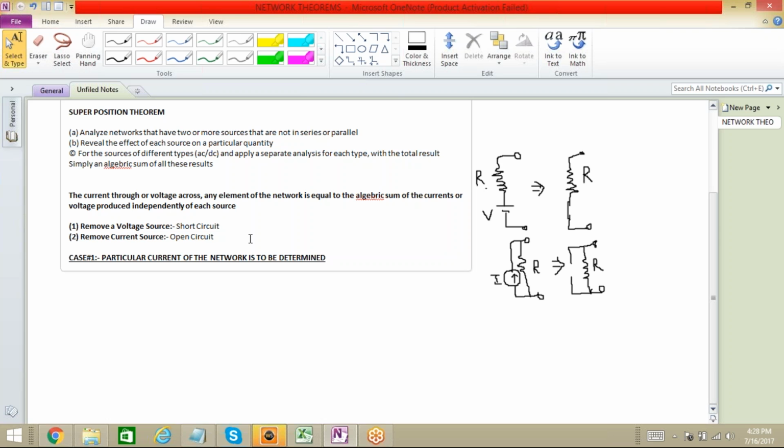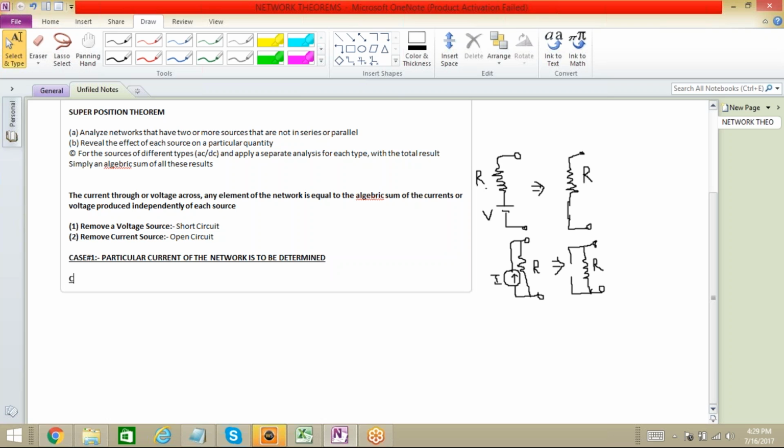The contribution to that current must be determined for each and every source. When the effect of each source has been determined, those currents in the same direction are added, and those having the opposite direction are subtracted. So the algebraic sum is determined. The total result has the direction of the larger sum and the magnitude of the difference, just like vector addition, as you might have seen in your earlier classes or in other subjects.